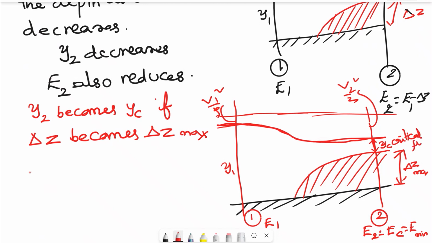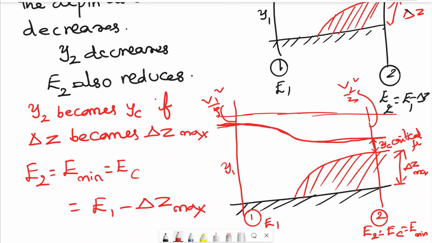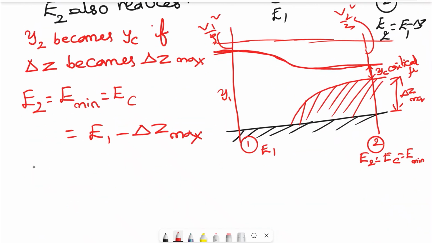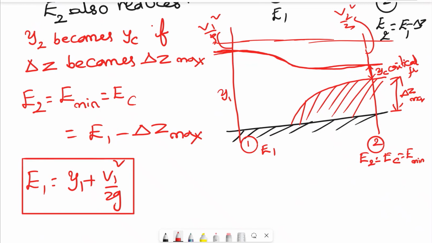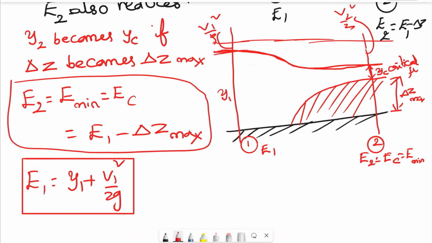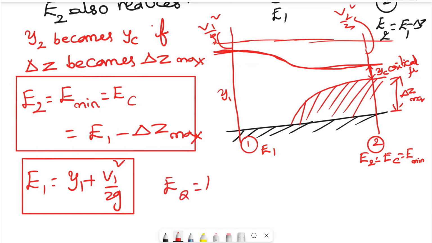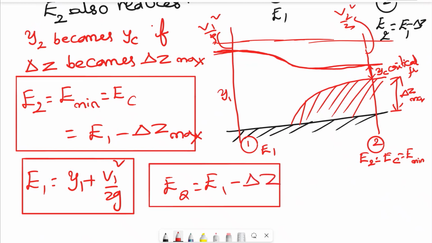So E2 becomes E minimum, that is EC, which is equal to E1 minus delta Z maximum. And E1 is equal to Y1 plus V1 squared by 2g, which is the specific energy definition. These are the things you should know.